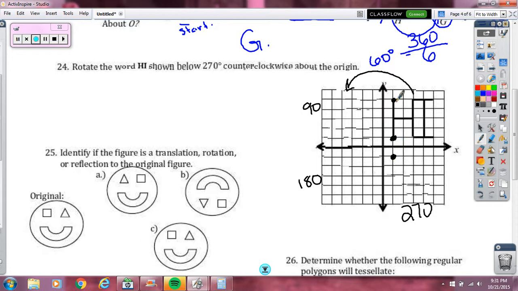Let's maybe pick another point. This one up here is at 1, 5. So with a 270, remember that we've got to switch them, and I'm in quadrant 4 down here where the x's are positive and the y's are negative, so I want to go to 5, negative 1.